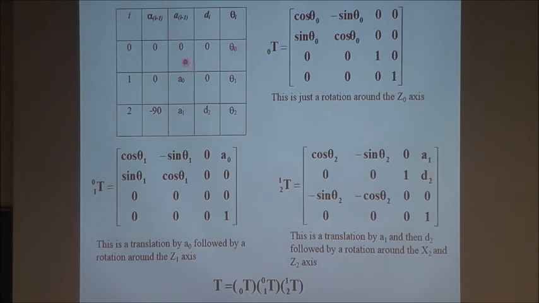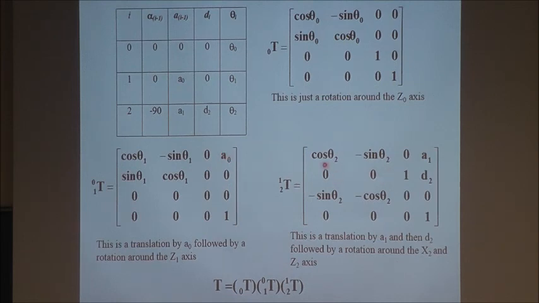So for this particular example, you have a rotation of theta 0 along the z-axis. This is rotation along the z0 axis, the initial one. The next one, you have a translation of A0, okay, along the x-axis.